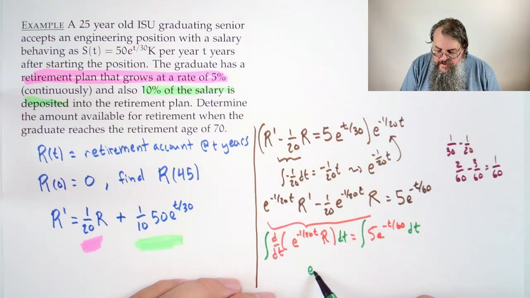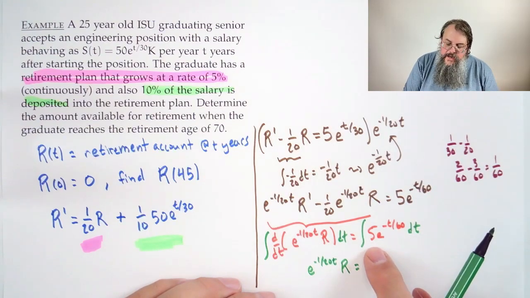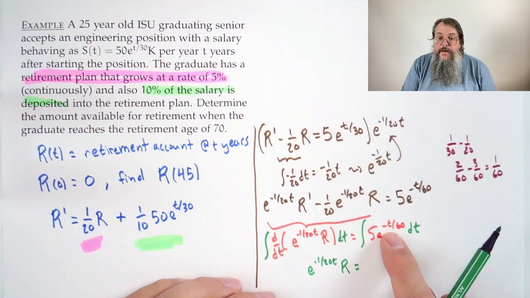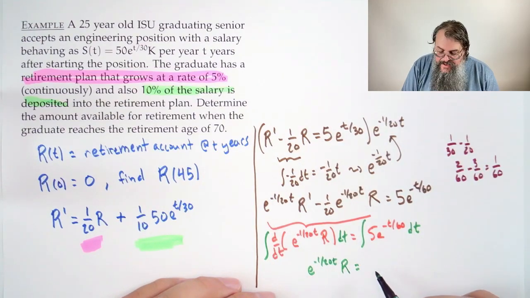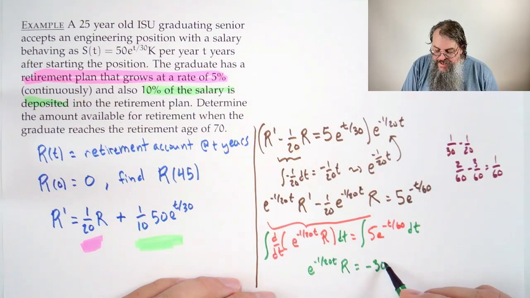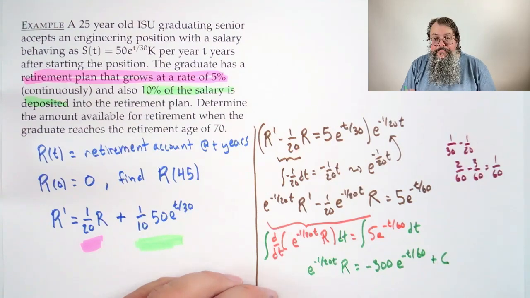And we have e to the minus 1 over 20 t times r is equal to, well, here we'll have 5, and then we have to divide by minus 1 over 60, which is the same as multiplying by 60. So it's actually a big number, minus 300 e to the minus t over 60. And then, of course, a plus c.